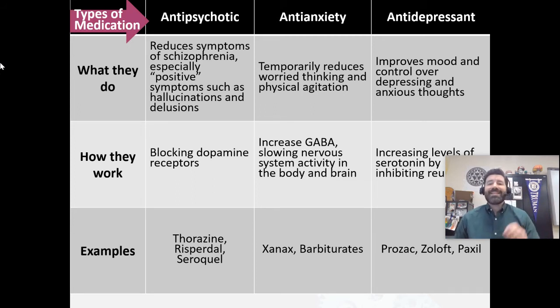Well, we can inhibit the reuptake. So again, remember back when we were talking about neurotransmission, when you have remaining neurotransmitters existing in the synapse, those get sucked back up into the presynaptic neuron. Well, we can inhibit that process, the reuptake process, which would then hopefully boost serotonin levels and boost mood.